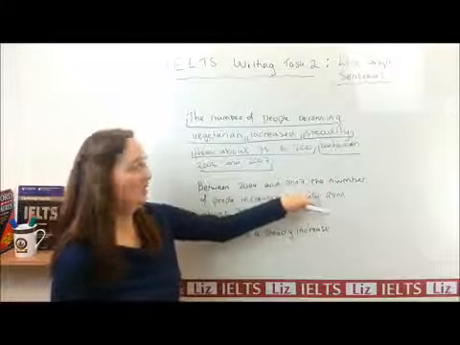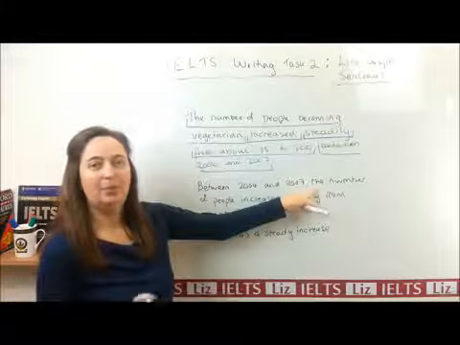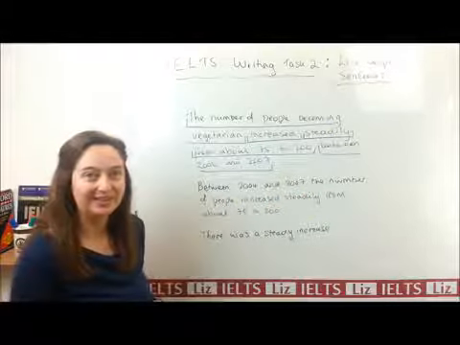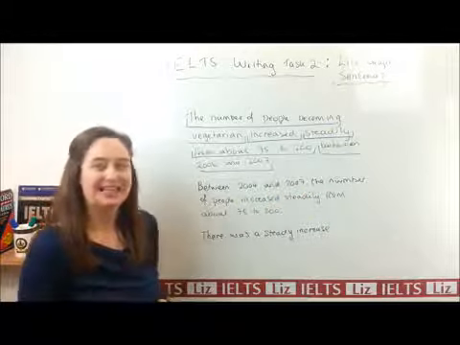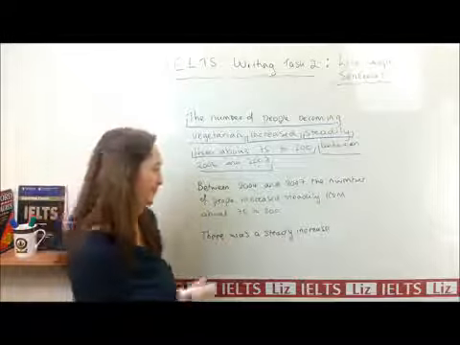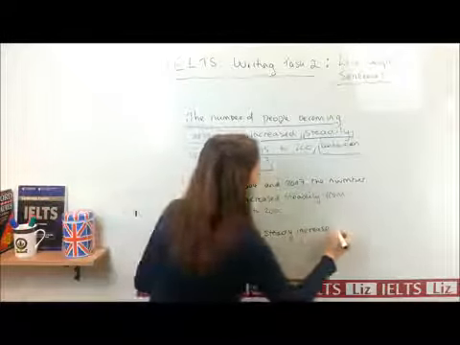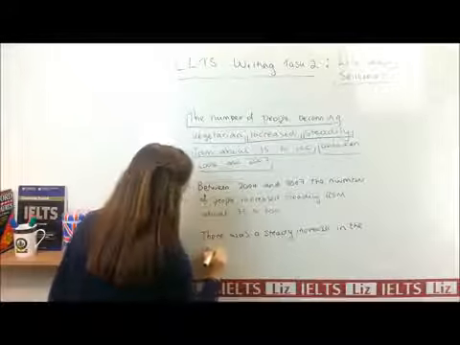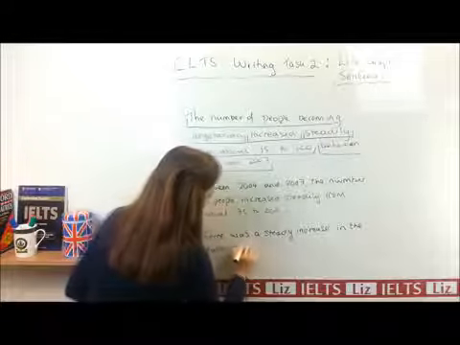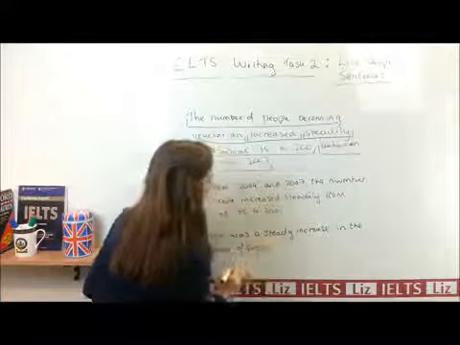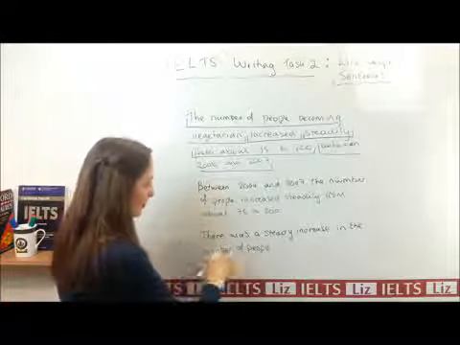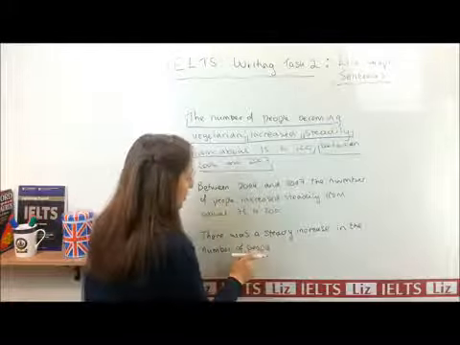Now we need to give this information. But to do that, we need to use a preposition first. And the preposition is in. So there was a steady increase in the number of people. And we could say becoming vegetarian if we want to develop that. So we've got that.